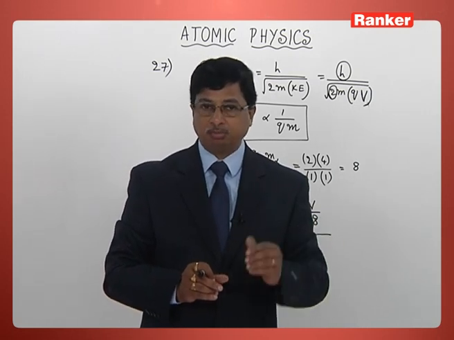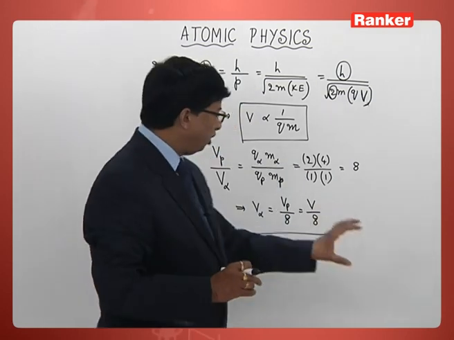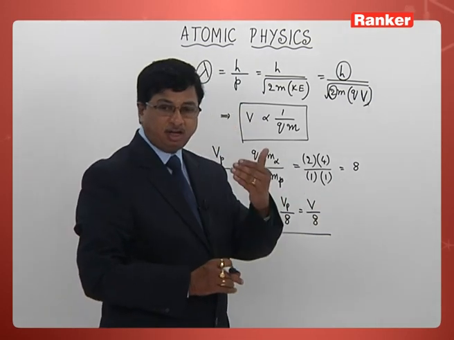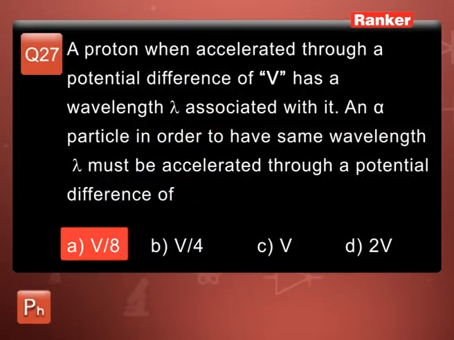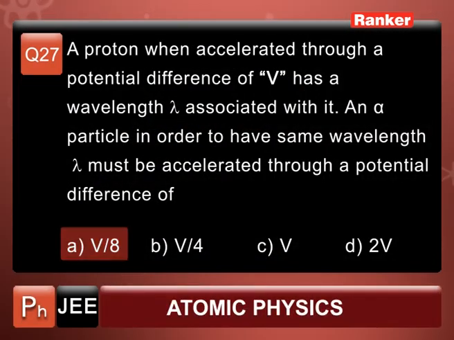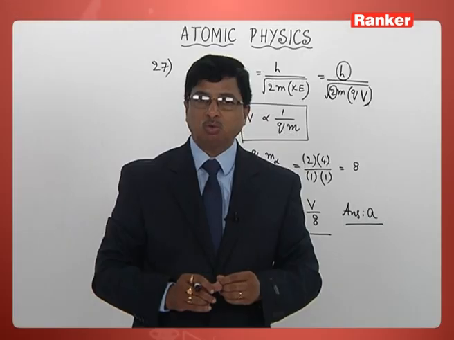The outcome here is tallying with the first option. Therefore, the answer for this problem number 27 is going to be V by 8, which is the first option given over there out of the 4.